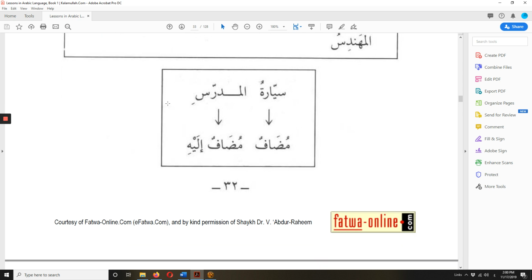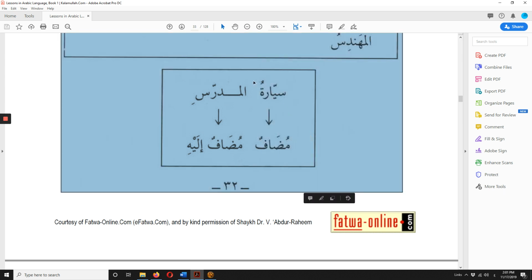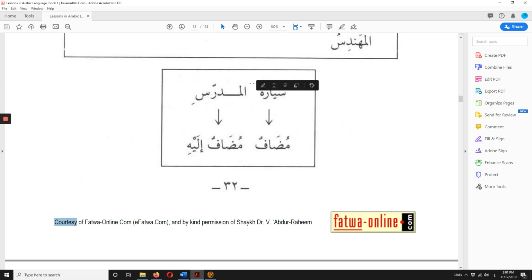And here, this is the grammatical language that's used to explain idafa in Arabic grammar. It's really important to learn the Arabic terms for Arabic grammar because they are used in Arabic books when they're trying to explain the grammar of a certain sentence or passage. So when you have idafa, you're going to have the thing being possessed, which in this case is the car. That's called mudafun.